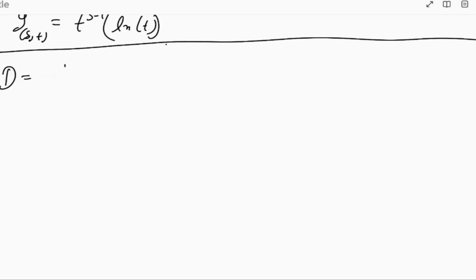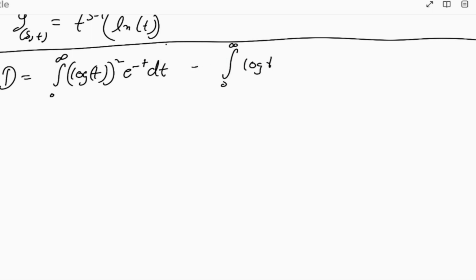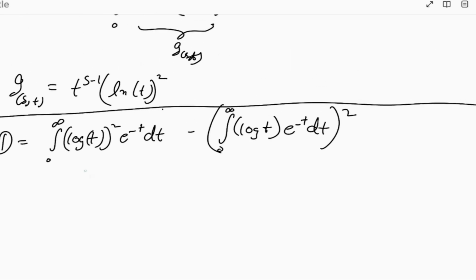D is this integral minus this integral squared. Alright, so if you notice, this term and this term actually look familiar to what we just derived.